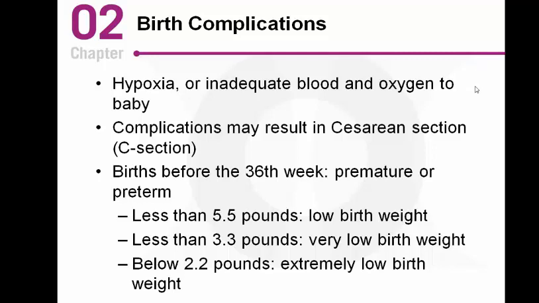Now, we have seen an increase in the number of C-sections that women have. Part of this may be because of elective C-sections, women choosing to have C-sections, but it may also be that birth weight is trending up a little bit, and so for larger birth weight, we might prefer to have a C-section, that kind of thing. We're also going to have to consider the amount of pregnancy, or how far into the pregnancy we are, rather, when we're talking about birth complications.